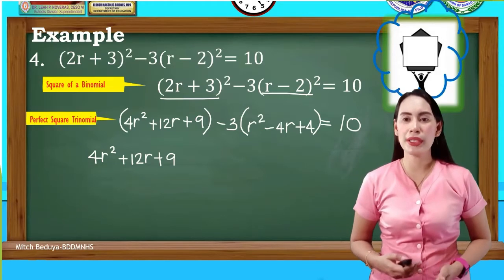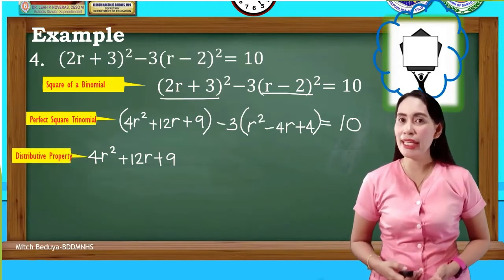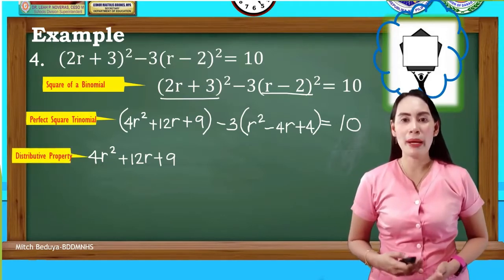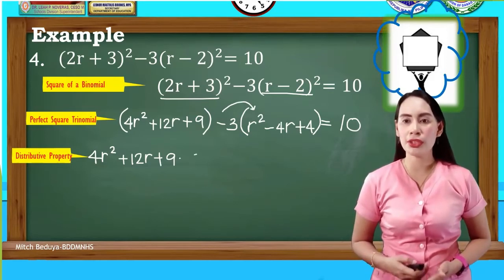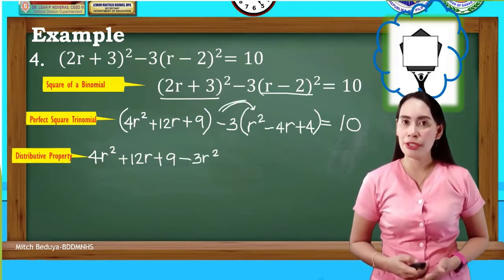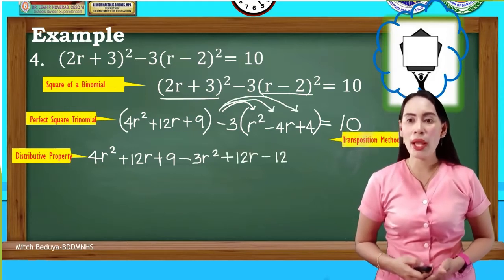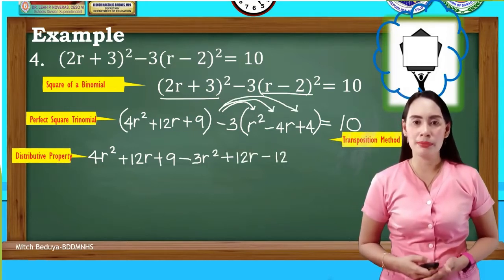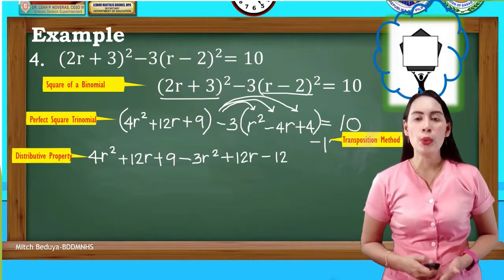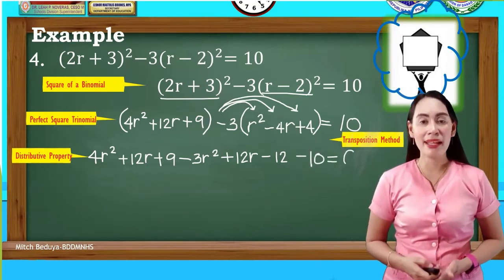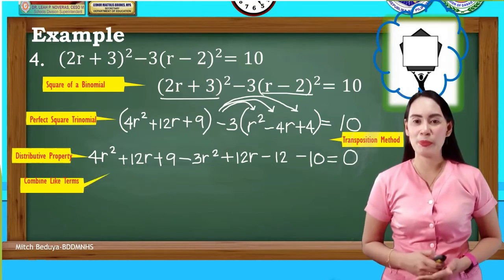Since the equation has negative 3 in the second term, by distributive property, the expression of the second term becomes negative 3r squared plus 12r minus 12. Then, by transposition method, we have minus 10 equals 0.